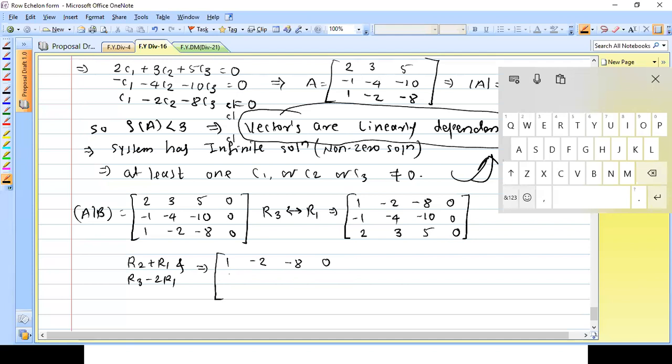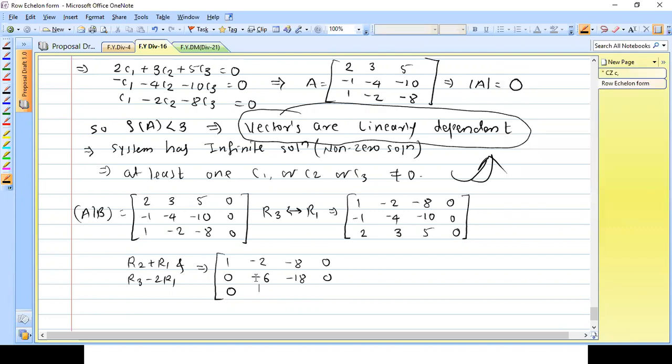This addition becomes 0, this becomes -6, this becomes -18, and this becomes 0. Now here 2 minus 2 becomes 0, 3 plus 4, am I correct? 7. You can write 7 here. Why is 7 not coming? Try to solve this one. Yeah, now it comes, I think 7.